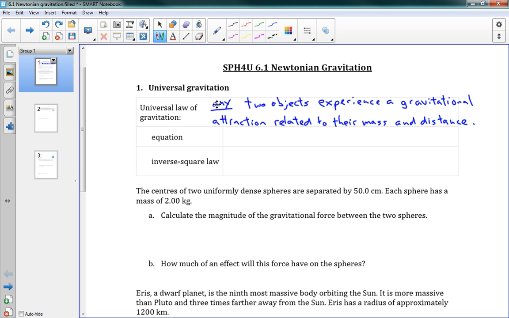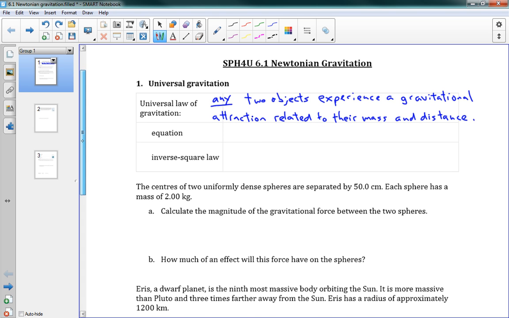So it doesn't matter, gravity isn't just for the Earth. Any two objects will experience gravity between them.